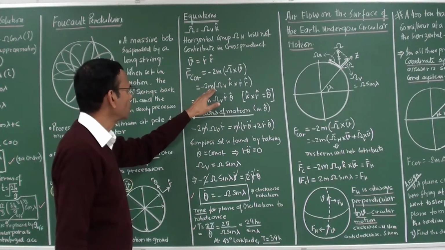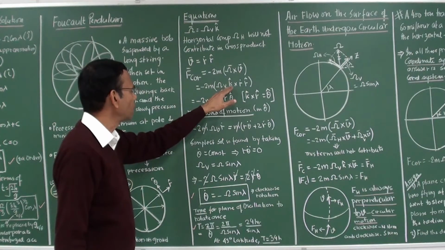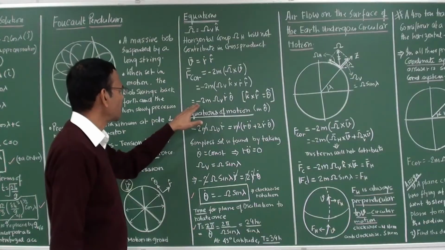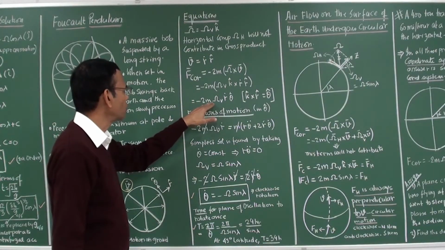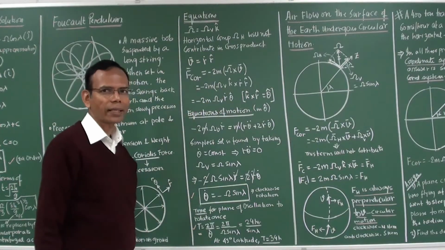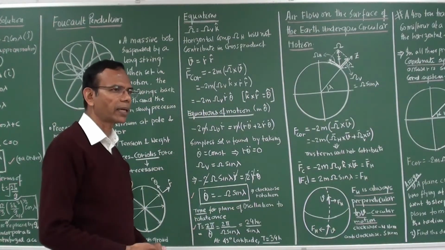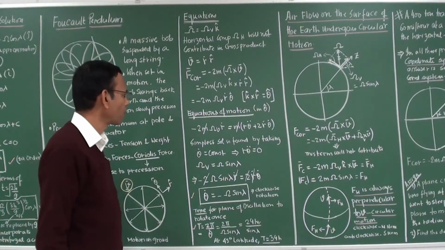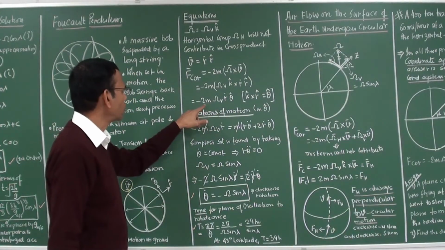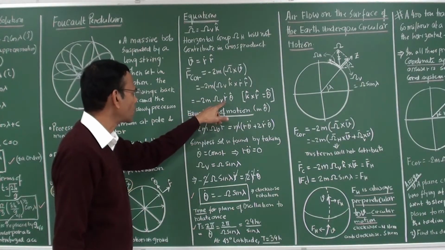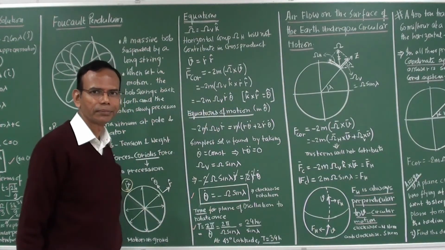So minus 2m omega v k cap cross r dot r cap. That gives minus 2m omega v r dot k cap cross r cap. So k cap cross r cap is theta cap. So now my answer is minus 2m omega v r dot theta cap.